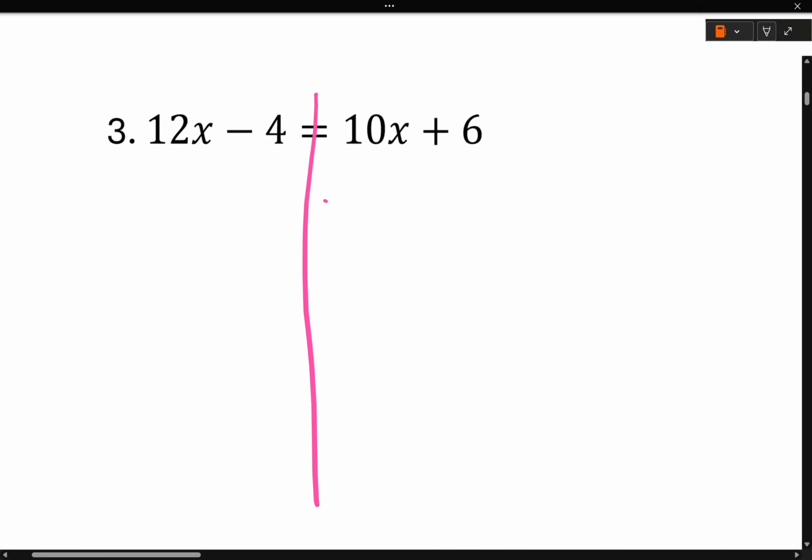So in order to do that, let's highlight the x's. How would we move 10x to the other side? Remember, 10x is positive. We would subtract 10x from both sides. We can only subtract x's with x's and numbers with numbers, so make sure to line these up correctly.